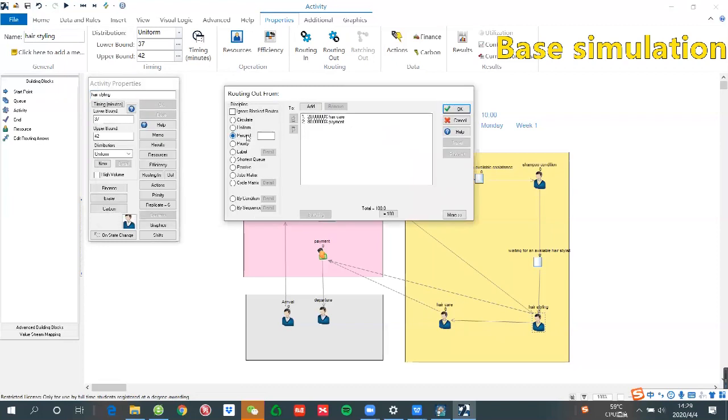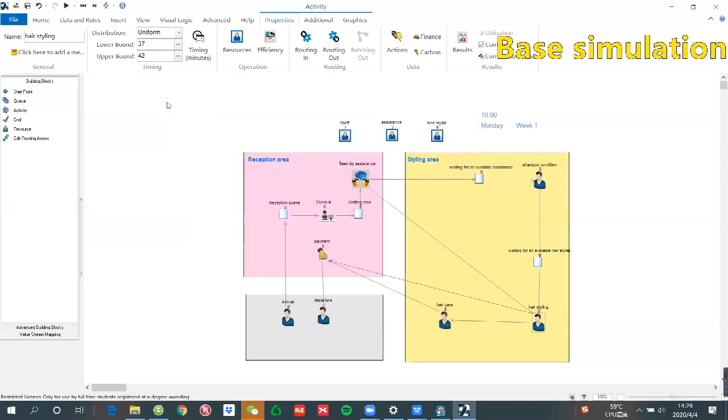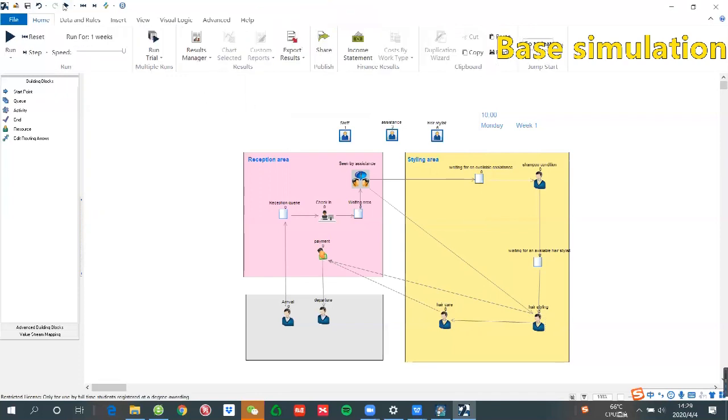On average, 20% of people prefer to have a haircut, and 80% go straight to the payment. Once they complete the payment, they depart and leave the hair salon.